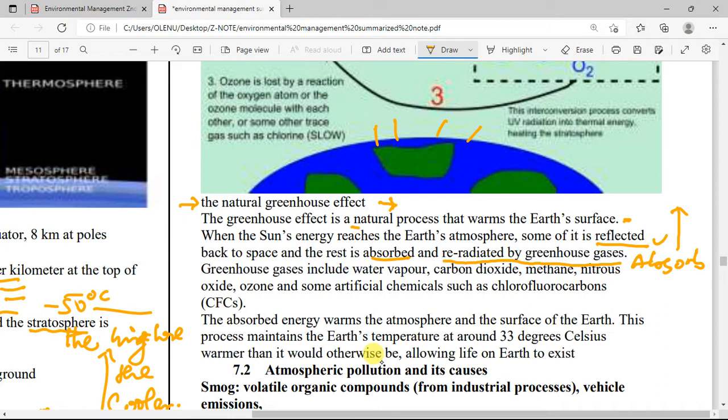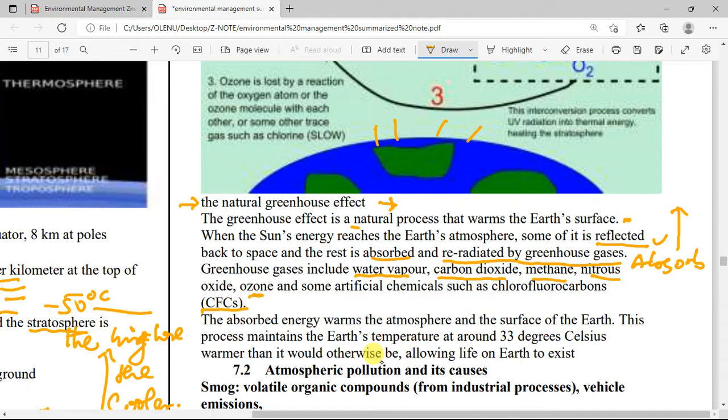Examples of greenhouse gases are water vapor, carbon dioxide, methane, nitrous oxide, even ozone, and some artificial chemicals such as CFCs. I've seen questions where they will ask you to identify an example of a greenhouse gas.